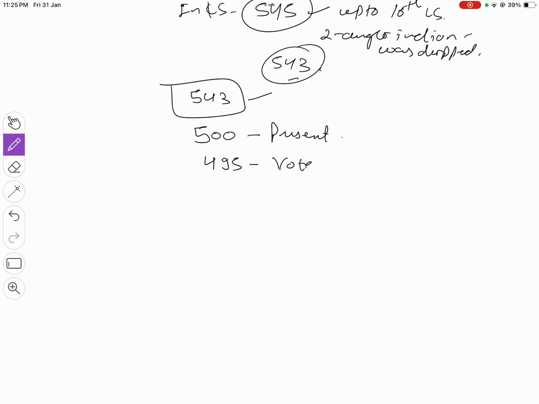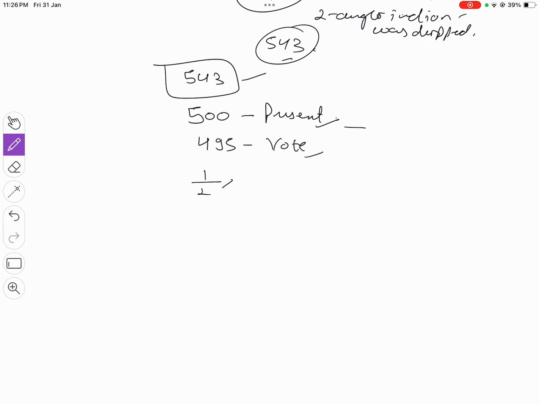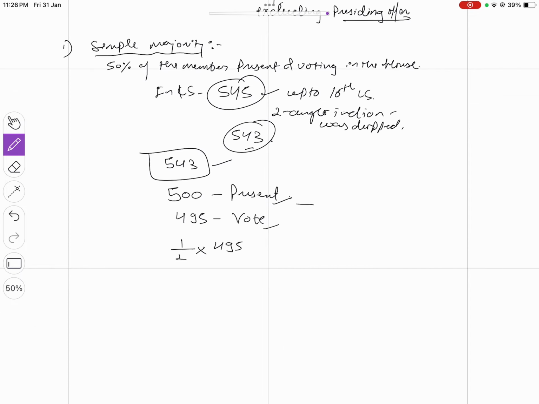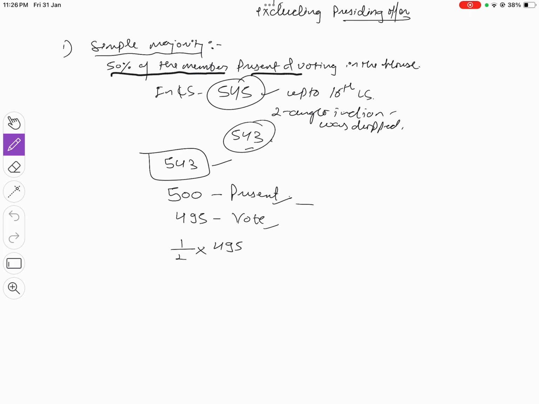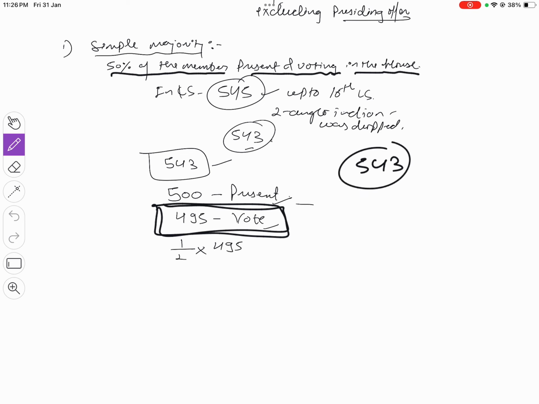We have 543 members, but on that day 500 members are present, and out of that 5 members abstain from voting and only 495 vote. Then 1/2 of 495, 50% of the members present and voting, we have to take.